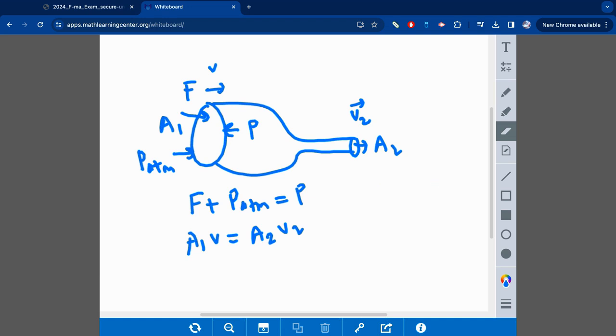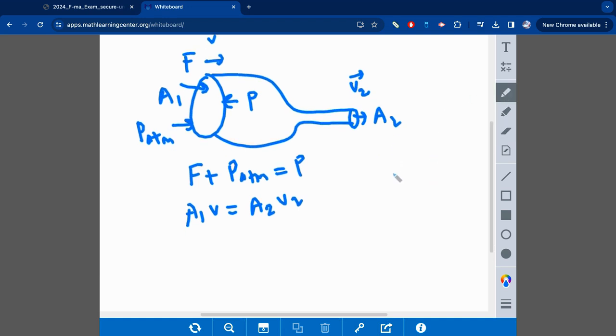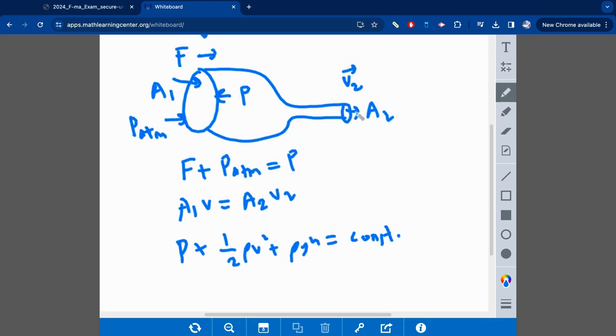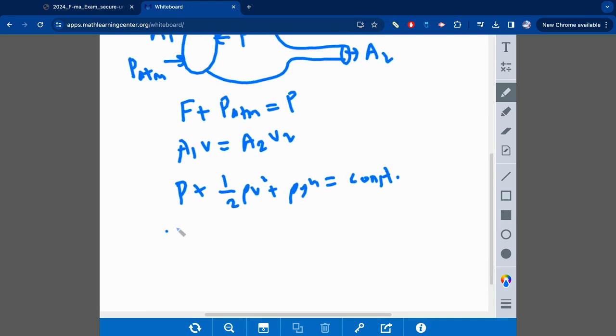So Bernoulli's principle states that pressure plus 1/2 rho v squared plus rho gh is always constant for fluid in a container. So if we apply this formula to these two areas, we see that initially it's going to be P plus 1/2 rho v squared plus rho gh.